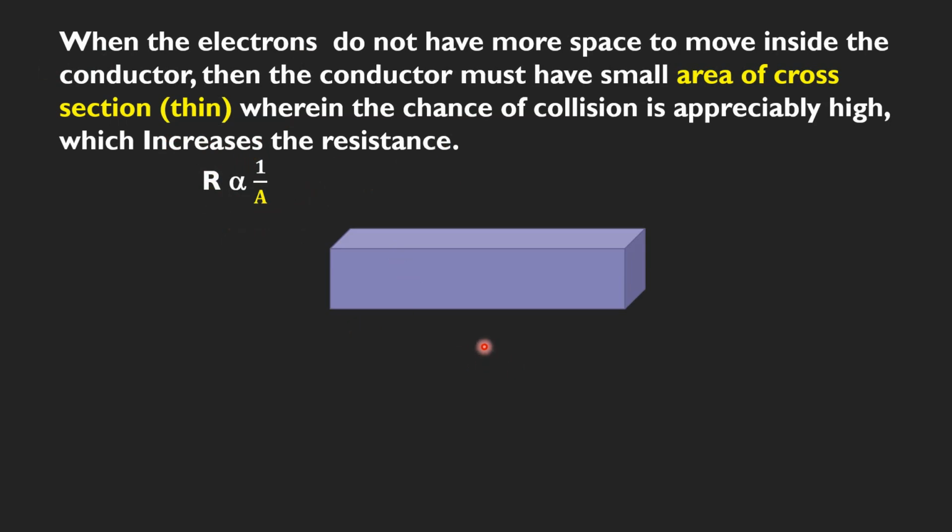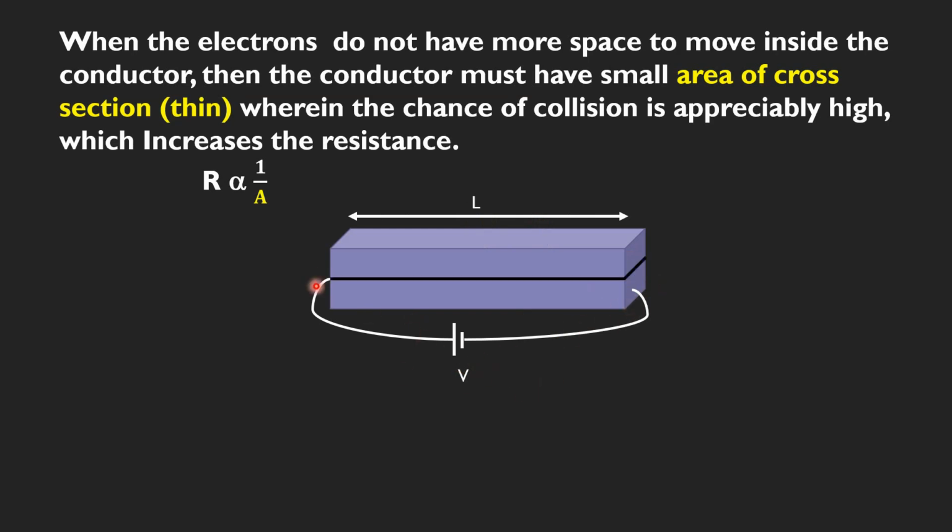Suppose you consider a conductor of length L, and let A be the area of cross section of the conductor, and the voltage is applied in between the ends of the conductor. If the conductor is cut into two halves, we can cut the conductor like this also without changing the area of cross section.